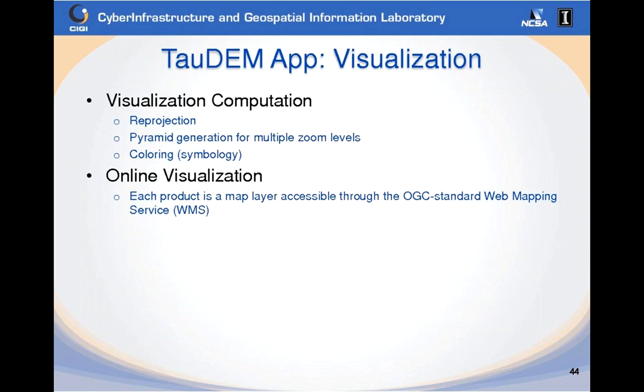The second challenge is on the workflow construction, because TauDEM, in the parallel computing version, has 26 functions, and each function may have one or more dependencies on the previous steps. So we have to present this workflow construction step in the gateway application.